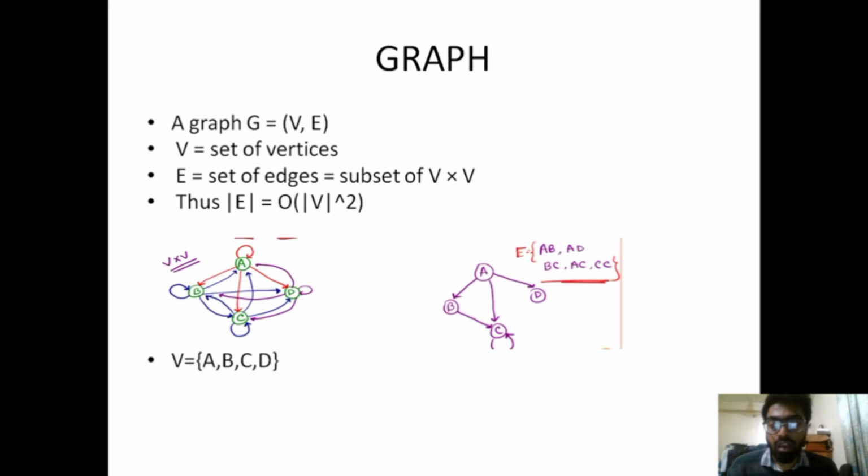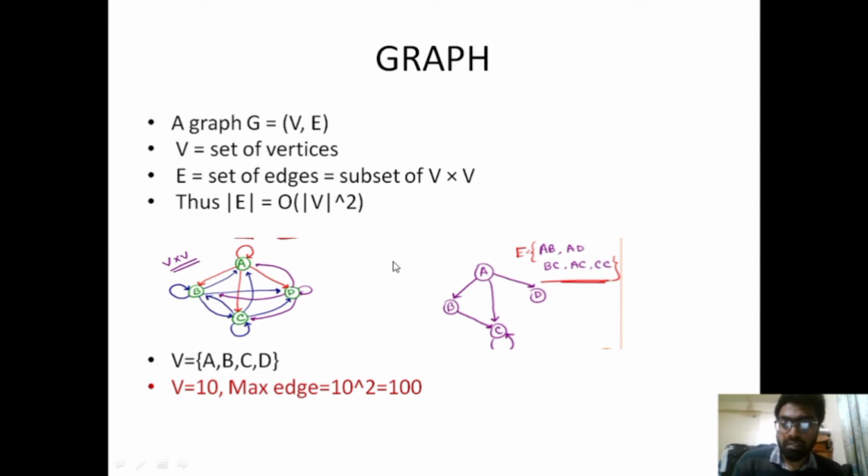If we have 10 vertices, the maximum number of edges will be 10 square, or 10 times 10, which is 100.